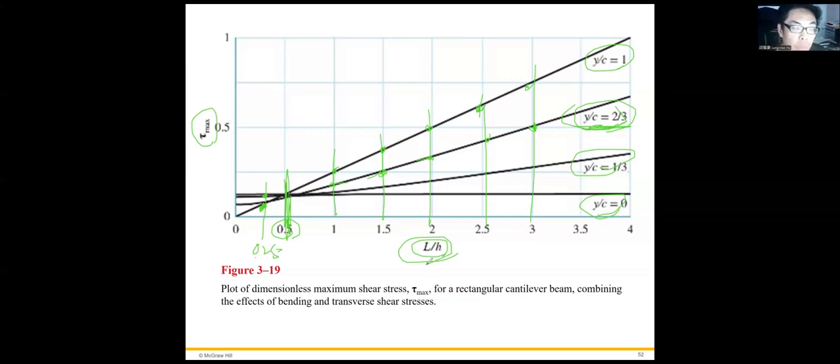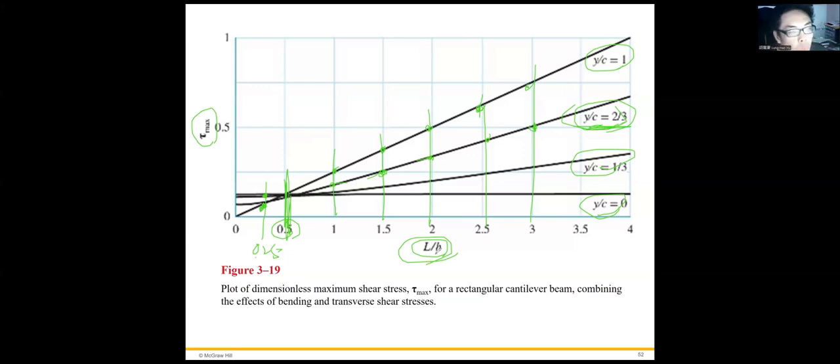However, when this L over h ratio is below 0.5, it changes. We can say that when this ratio is greater than 0.5, the bending stress may dominate this maximum shear stress. When this ratio equals 0.5, it doesn't matter; it's constant, it's fixed.